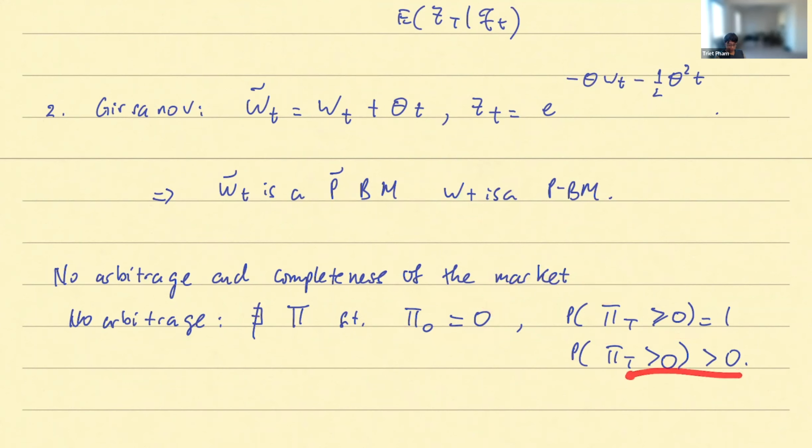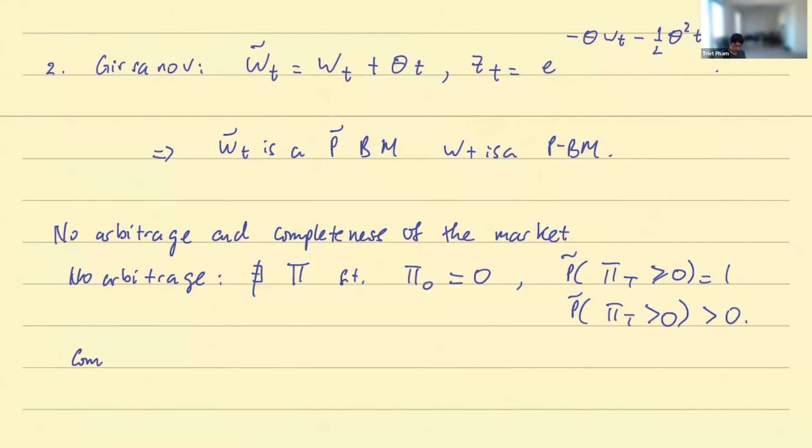By the way, this is stated under the physical probability, but because of equivalence, because of the probabilities being equivalent, you can easily replace that with P tilde. So that's actually the whole point of the risk neutral probability, that the argument of no arbitrage under risk neutral can be translated back to the physical.